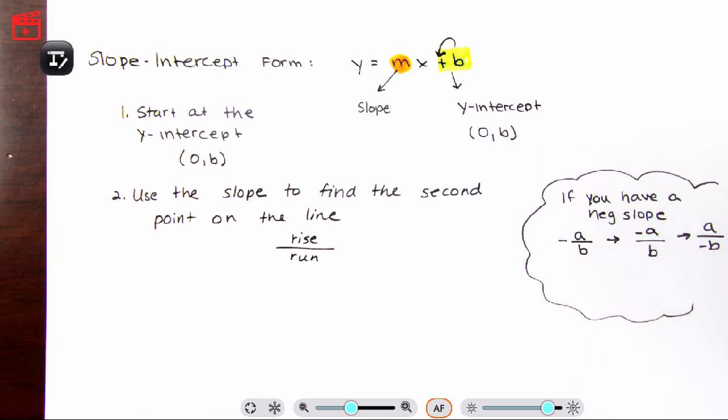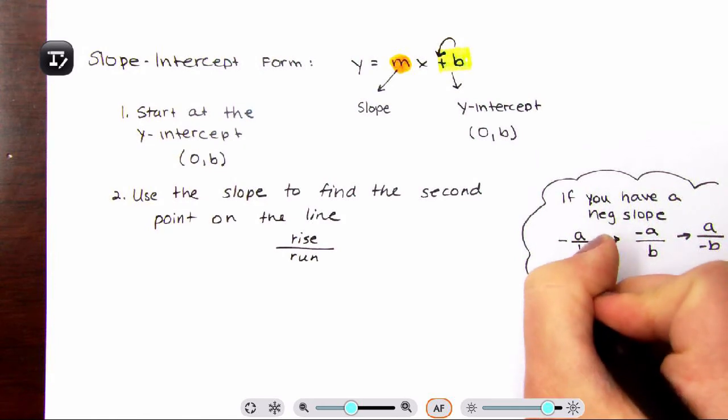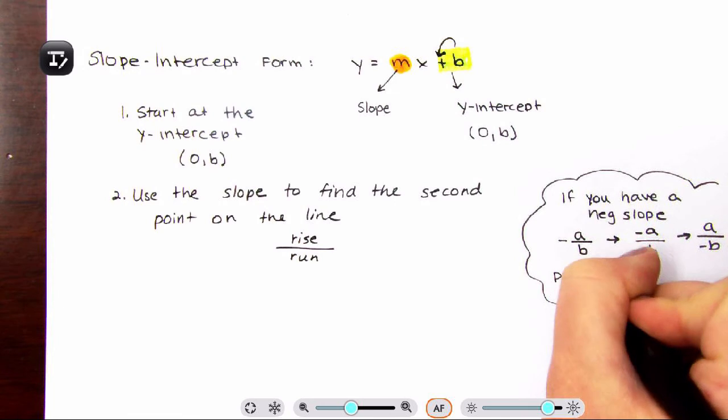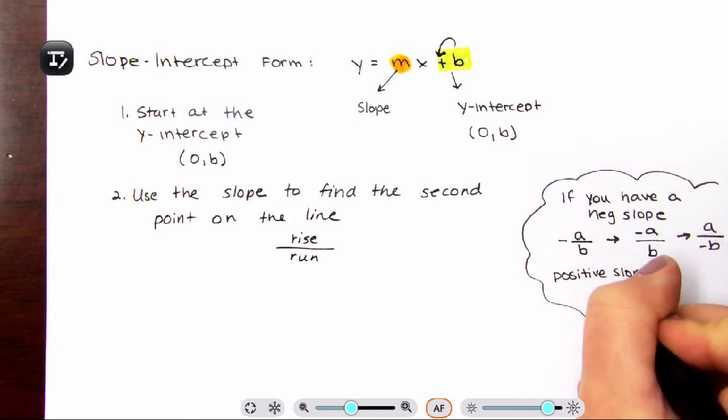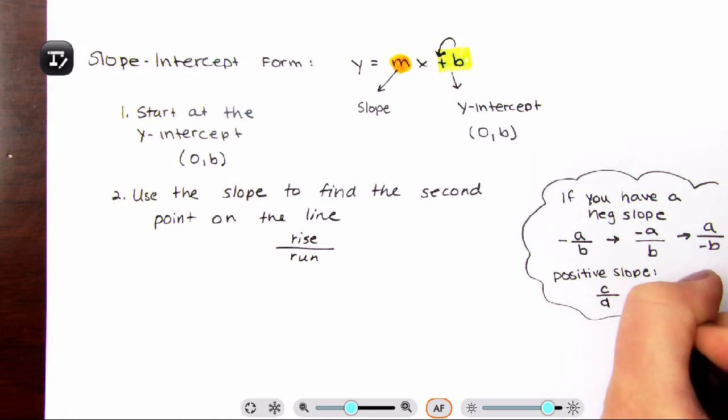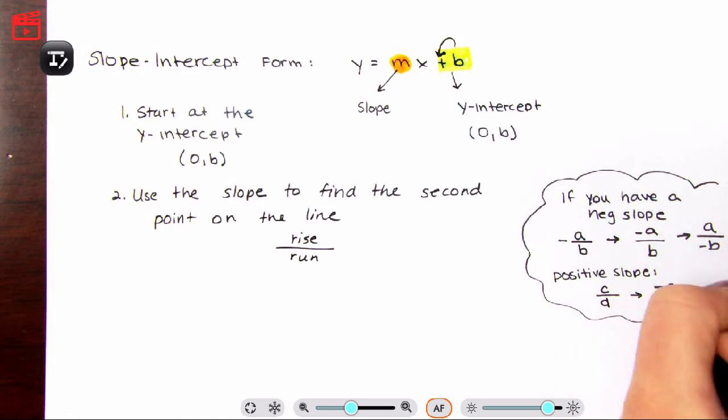So all of that is the same. If you have a positive slope, for example, c over d, you can rewrite that as negative c over negative d. So the negative just tells you direction. If the negative is on top, it tells you you're going down. If the negative is on the bottom, it means you're going left.